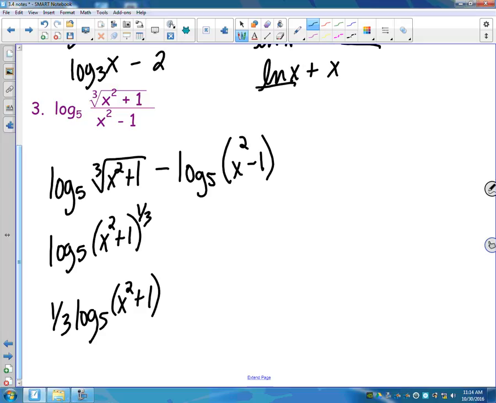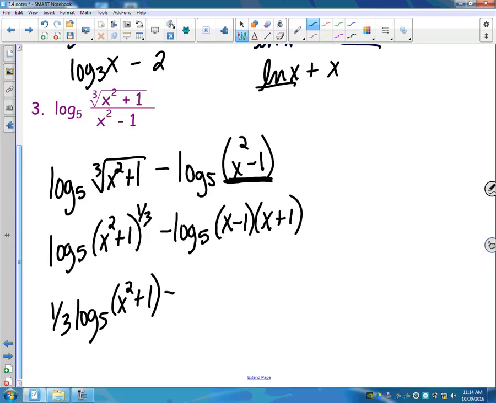And then this one, again, a little bit tricky, but think about this. Could you factor x squared minus 1? Oh, yes, I could factor that into (x minus 1) times (x plus 1). Why would I want to do that? Well, multiplication breaks up as addition. So then I could break that up again, but be careful with that minus sign out front.